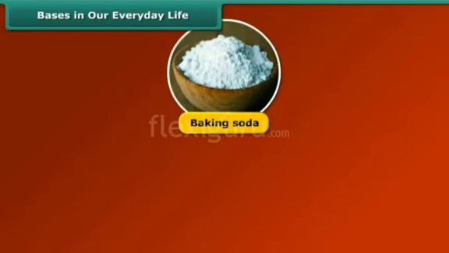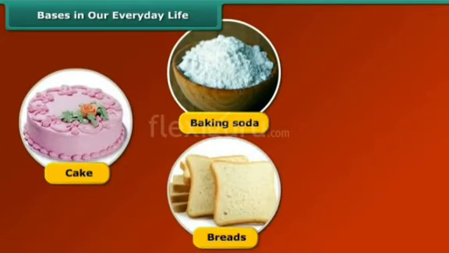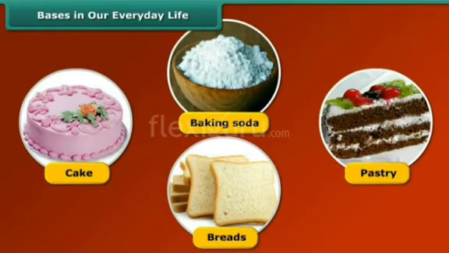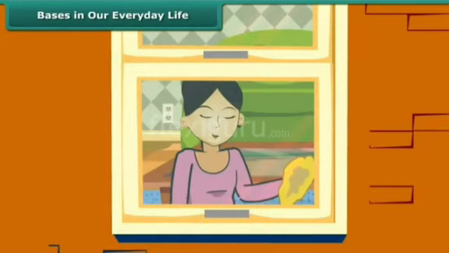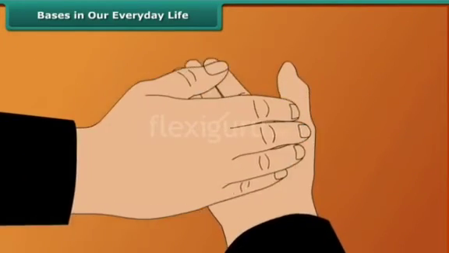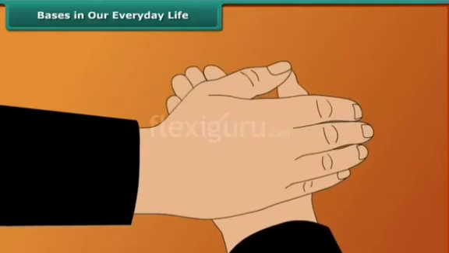The baking soda used in making cake, breads and in other bakery items contains sodium hydrogen carbonate. When your mother cleans the window, put a drop of solution she is using on your palm and feel it. You will feel slippery on your palm. This is because cleaners are made of ammonium hydroxide, which is a base.